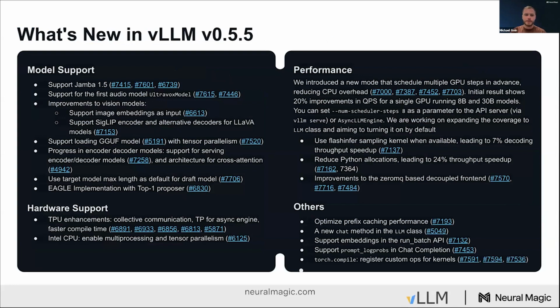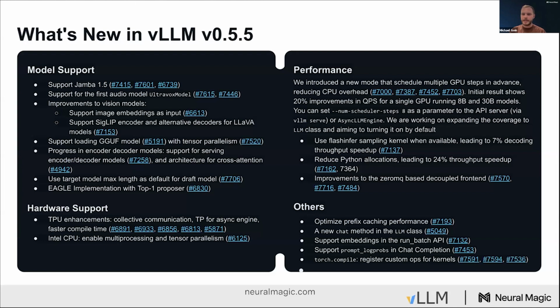We actually added support for GGUF models, expanding support and actually making it so you can start to serve encoder-decoder models, and additional work on speculative decoding. There's also been a good bit of work on TPU and Intel CPUs for more hardware support there. And then some of the performance improvements that we'll go over later. But most namely, we've been working heavily on multi-step scheduling, which I'll go into more detail later on.